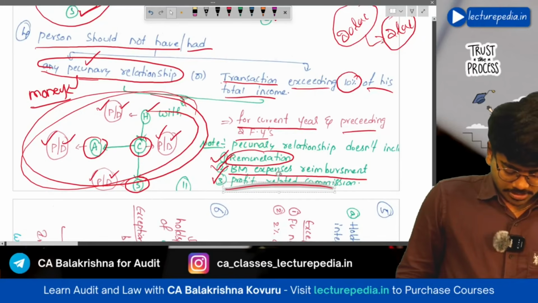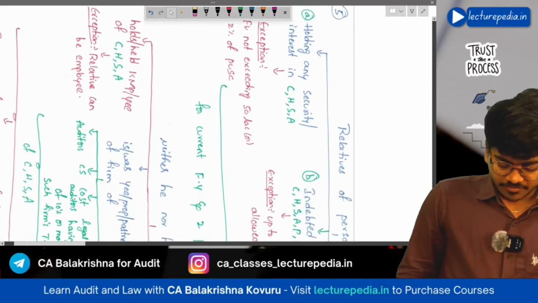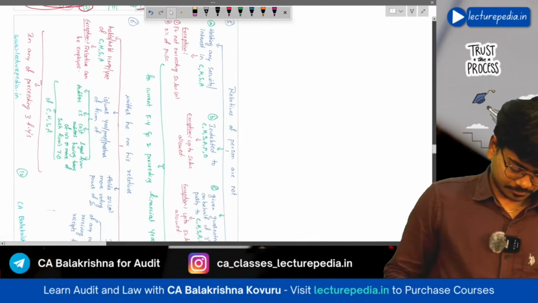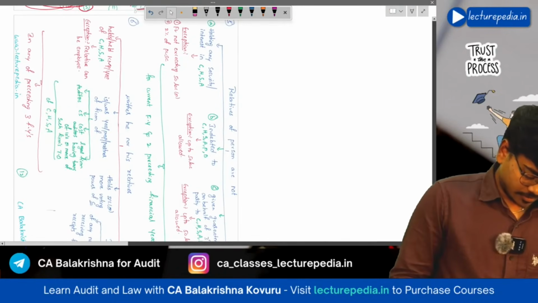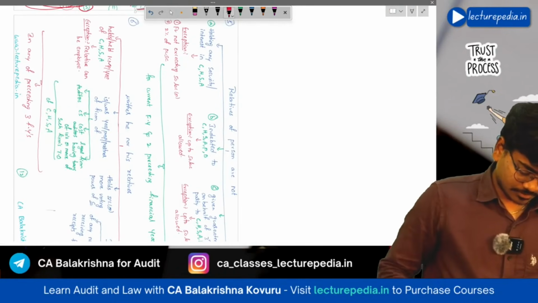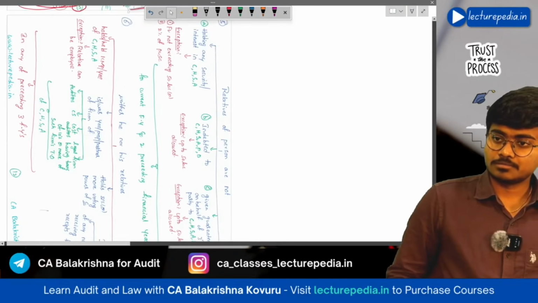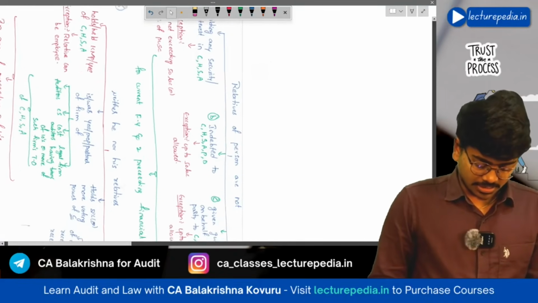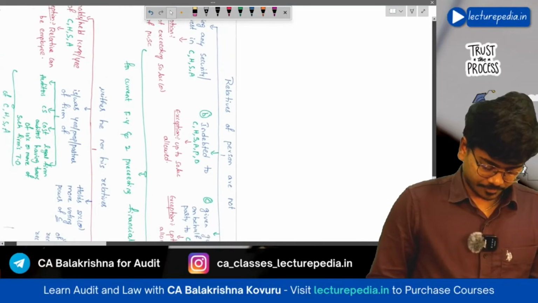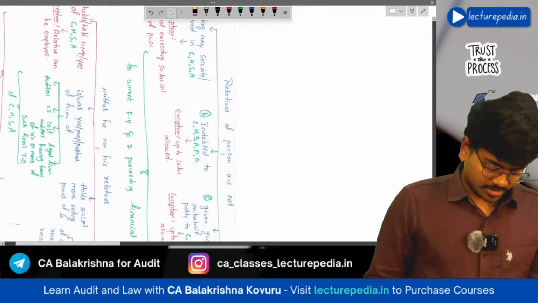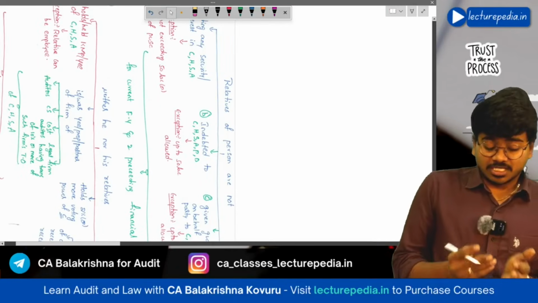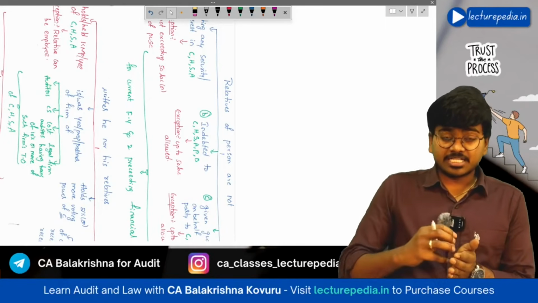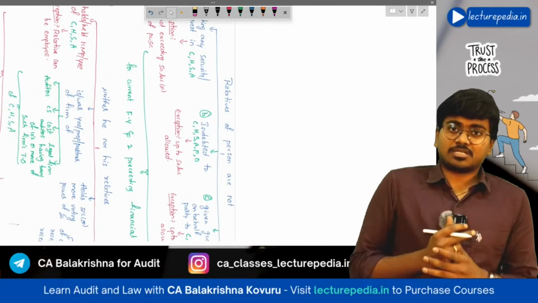Now moving to the fifth qualification. What is this fifth qualification? The person whom you are going to appoint as an independent director, the relatives of that person. Even you need to check this independence criteria on the relatives of that person.